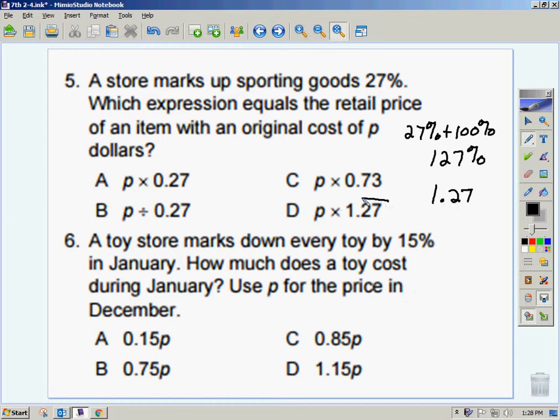So I want to take P times 1.27. Part A would be how much it was marked up, but Part D is going to give me the total cost of that item.